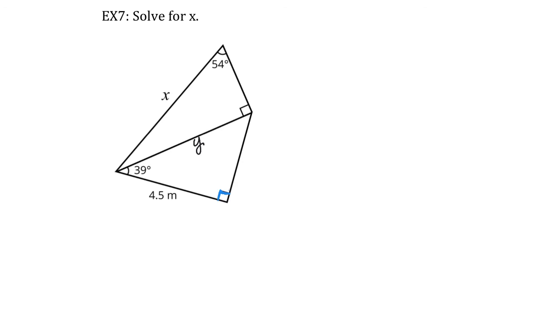Okay, so from my angle, I have an adjacent, and I want the one that's across from the 90, that would be the hypotenuse. We have adjacent, we want hypotenuse, that means we should use cosine.